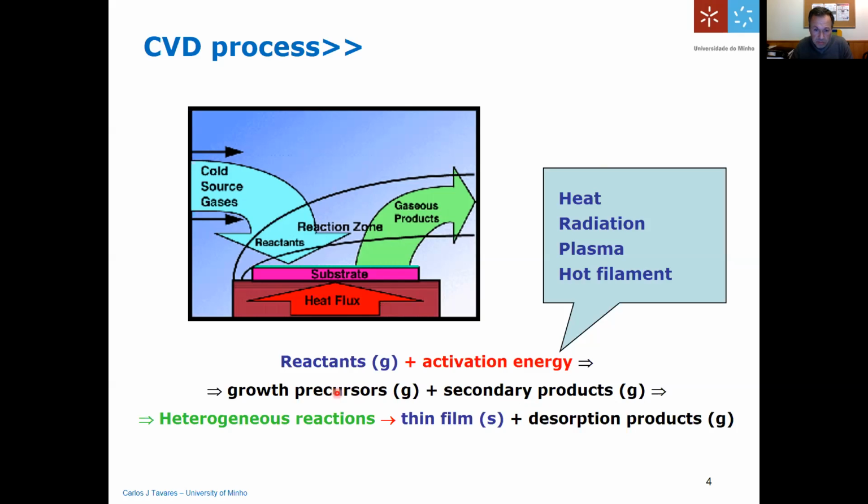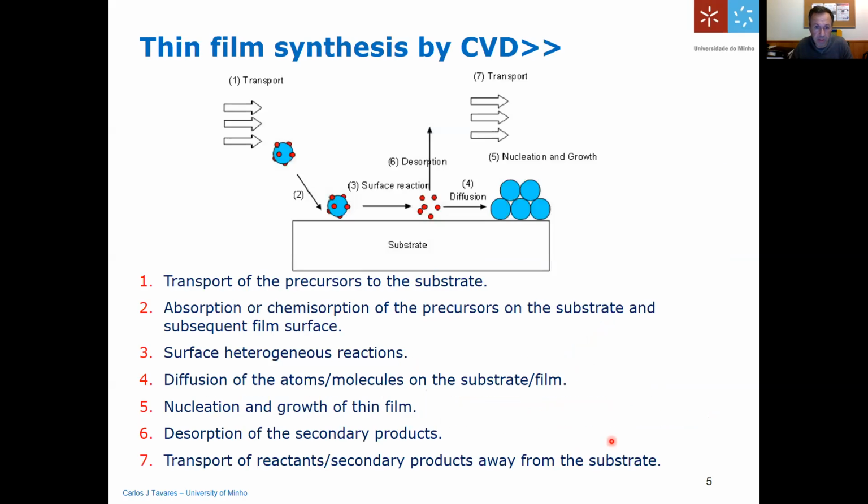And so from this reactant's activation energy, you will have the growth precursors in the gas form and secondary products in the gas form. Then you will have heterogeneous reactions on the surface of your substrate or of the atomic layers that are produced. And then you will form a thin film, and you will need to desorb the unwanted products in the gas form, which will be taken away through a carrier gas.